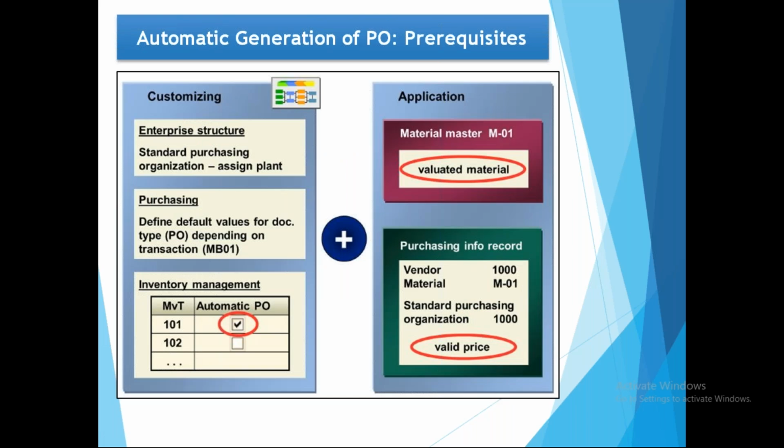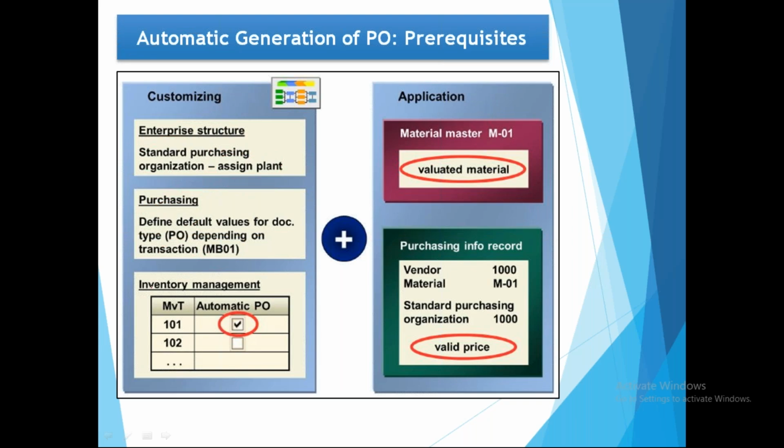Okay, so now to do this automatic generation of PO during the goods receipt, you have to make certain settings in the system. First, in the customization for your purchase organization, you need to assign the plant. In the purchasing configuration, you have to assign the default document type to your transaction.